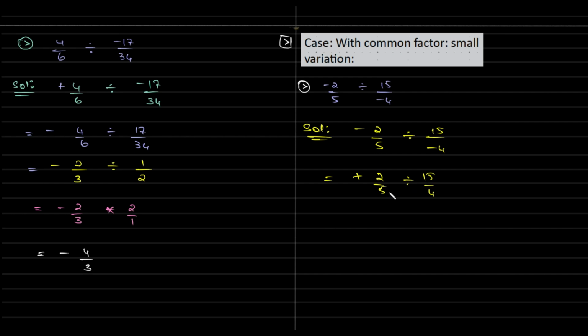If you feel like cancelling 5 and 15, please don't do that. They are in different fractions and there is a division symbol. So you can't touch them as of now. What you can do over here is convert it to multiplication. That is, division will become multiplication, and this you have to take a multiplicative inverse, that is 4 by 15.